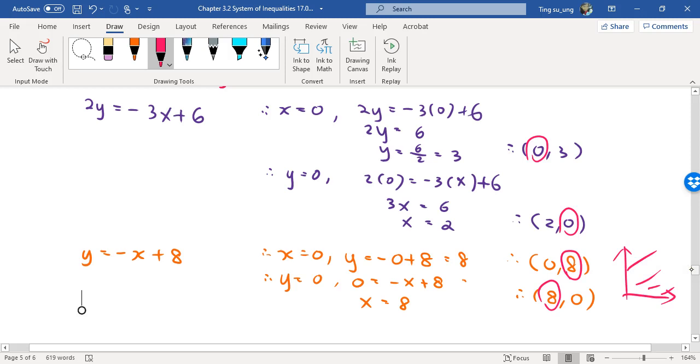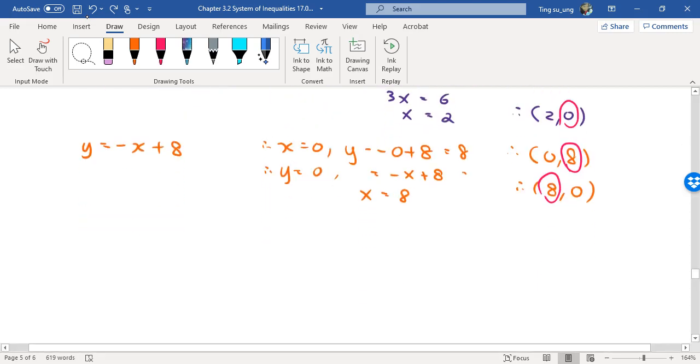Because there is no negative value, you do not need to show the negative values. You must have a rough idea before you start sketching, to save your time, because it's only 5 marks here, so you need to finish it within 5 minutes. So let us proceed with the sketching.